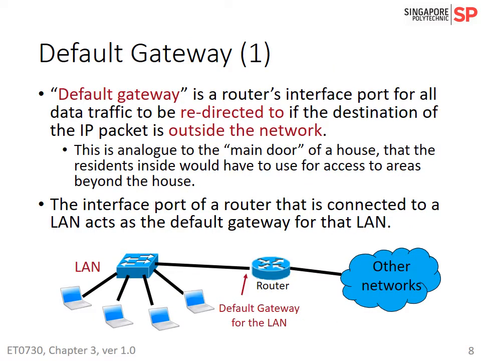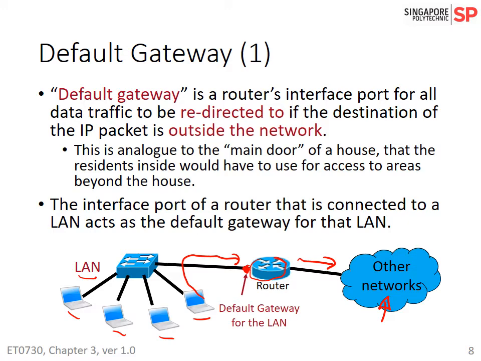Next, what is a default gateway? A default gateway normally refers to a router port where PCs in a local area network, if they want to go to other networks, will use this port to help them send packets to the other networks.